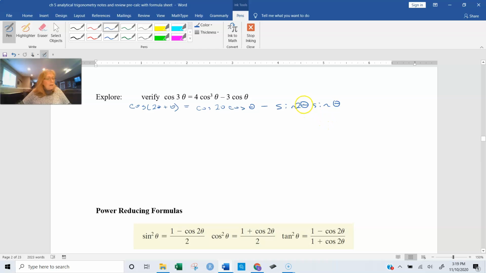Now, we've got to get to all cosine here. So I'm going to use the one that uses only cosine for cosine 2 theta. So that's 2 cosine squared theta minus 1, times the cosine of theta.